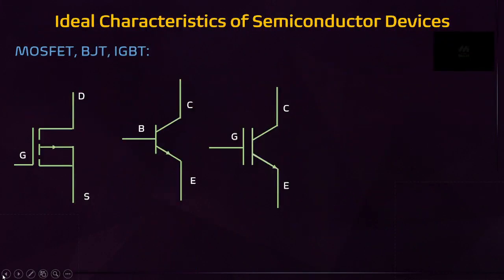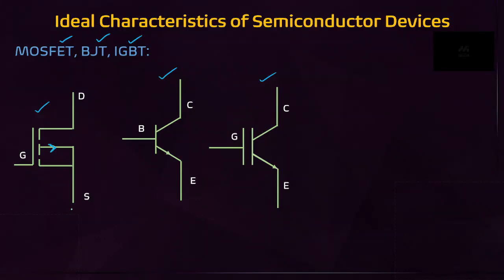Next, MOSFET, BJT and IGBT have the same characteristics, friends. This is the MOSFET symbol. This is the BJT symbol. This is the IGBT symbol. Is this an N-channel MOSFET or P-channel MOSFET? Simply remember, if the arrow is out it is N channel, exactly opposite is P channel.